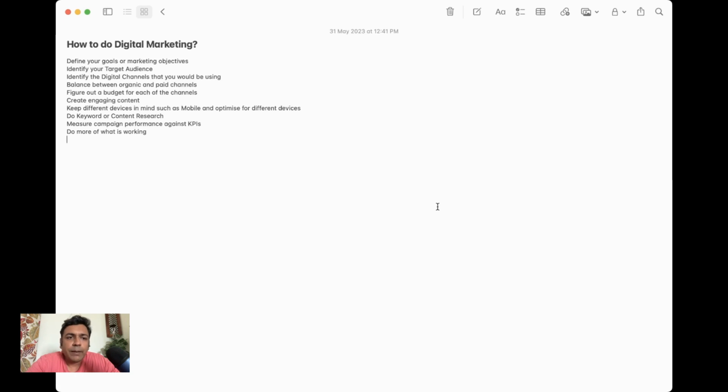Next would be to measure campaign performance against the KPIs. KPIs are nothing but key performance indicators. Let's say you're running a campaign on LinkedIn and you want to generate leads. You would want to measure how much you're spending, what the cost per lead is, how many leads you are generating, and how much revenue those leads are ultimately driving.